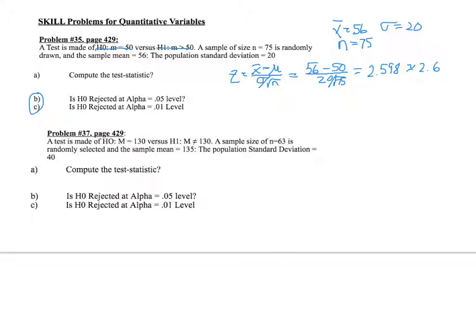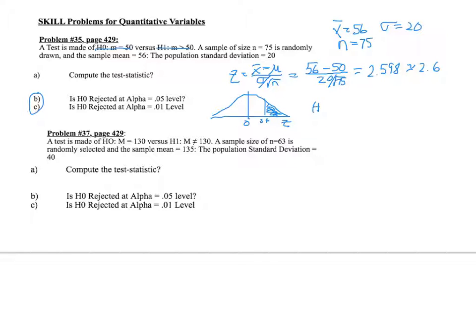Now, in order for us to answer B and C, we have to calculate a p-value. So we go to the table and look at the z value, which is 2.6. Here is 0, here is 2.6 on the table, and we're looking for this area here. Why?